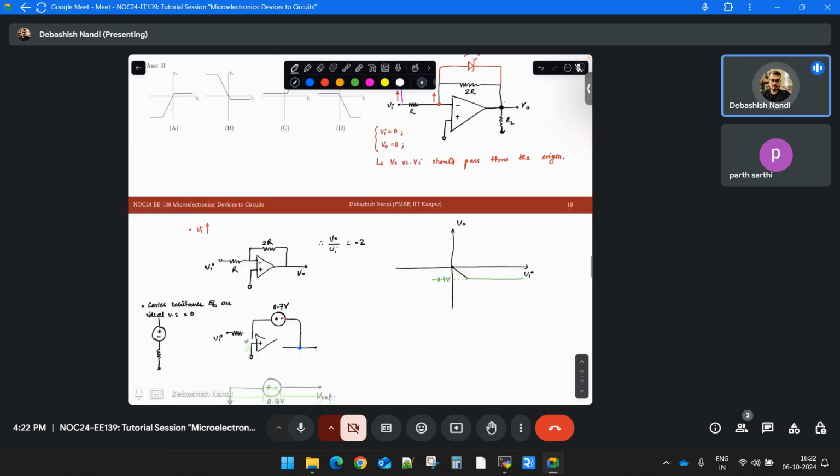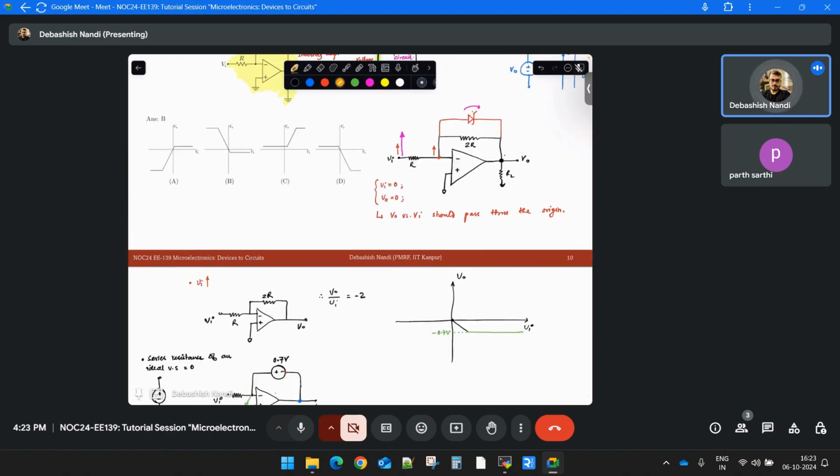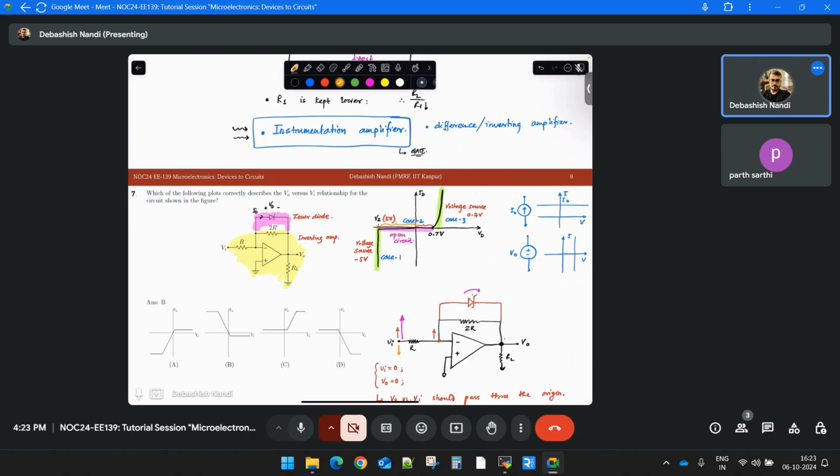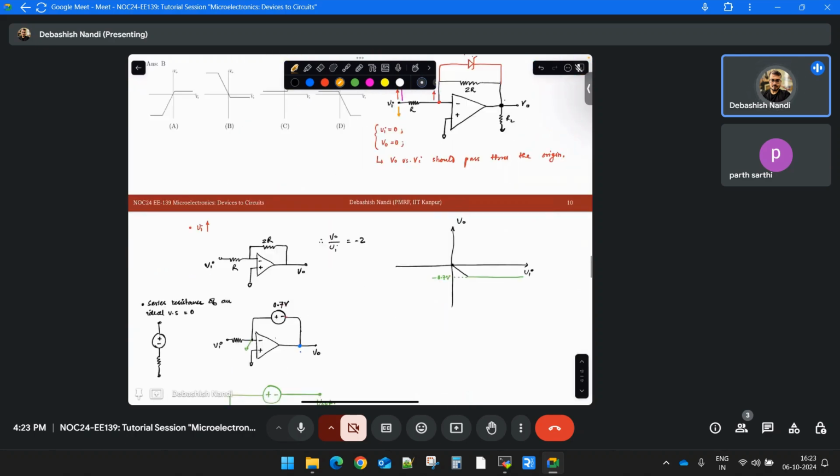Now when you start to decrease this V in below zero, in this region it will keep increasing like an inverting amplifier.